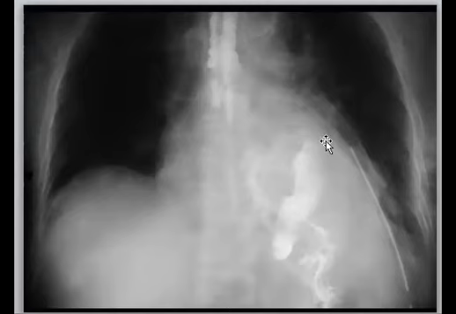In the left side, yes. More common in the left side and in the left posterolateral wall. So Amna told us a very nice description about the difference between Mallory-Weiss, which is a partial thickness tear, but Boerhaave is a full thickness tear, yes.